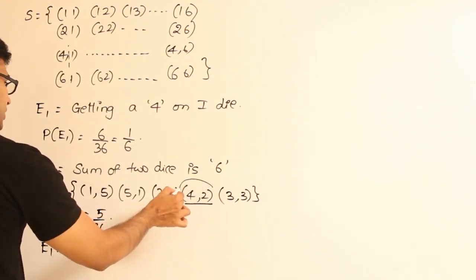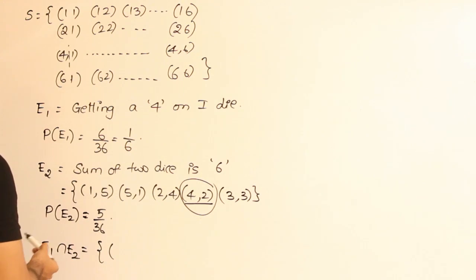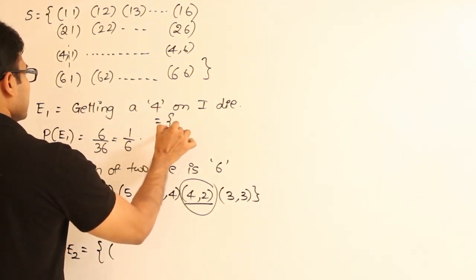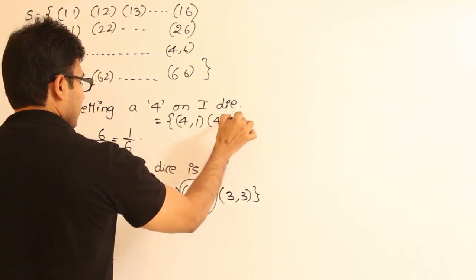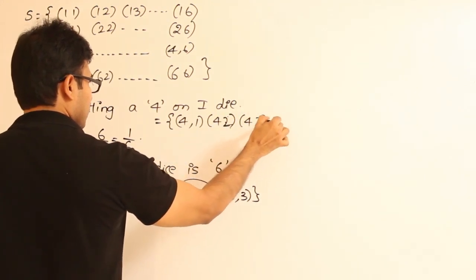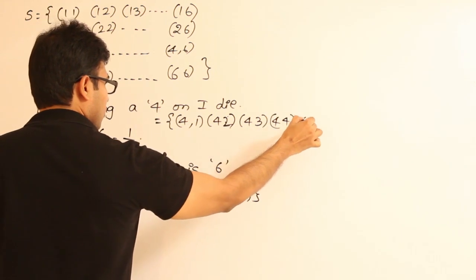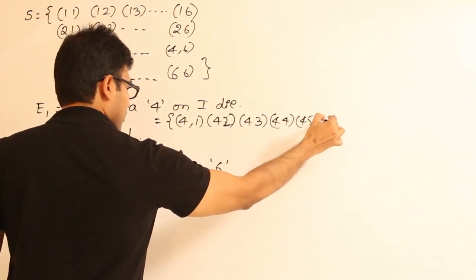So only this is the intersection, this is present in both of them. If you want to see what will be present in E1, you can see it, 4 comma 1, 4 comma 2, right, 4 3, 4 4, 4 5 and 4 6.